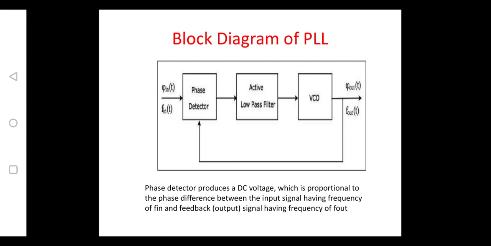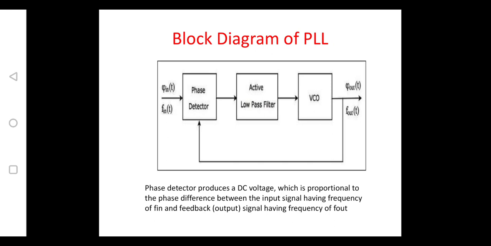This output of the phase detector is then applied to a low pass filter, which removes the high frequency noise and produces the DC level, and this DC level is given to a voltage controlled oscillator.